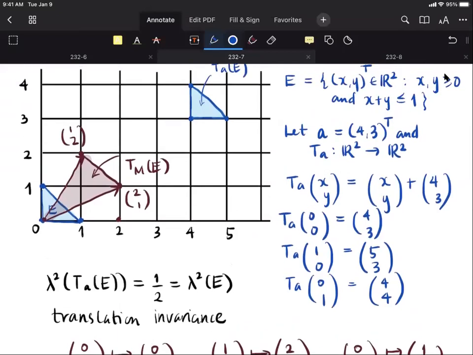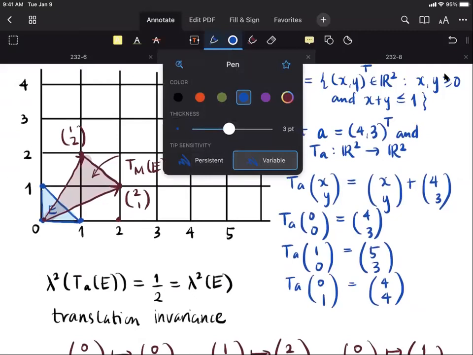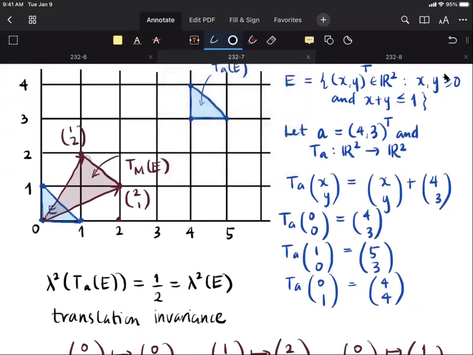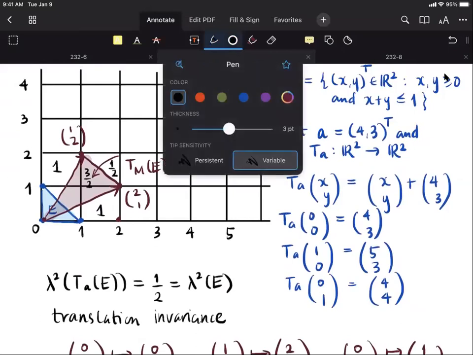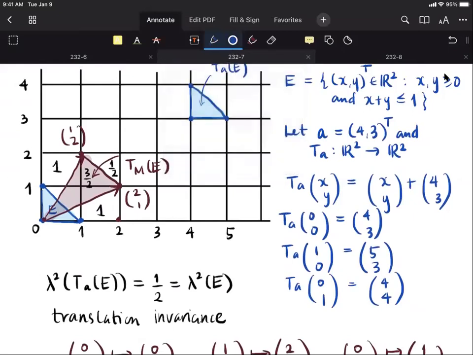Well, you can check, of course, that the area of this is indeed 3/2, because the area of this triangle here would be 1. The area of this is also 1. And the area of this is 1/2. Since this square here, the area is 4.